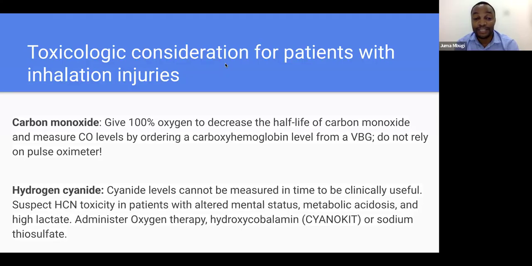Suspect toxicity with hydrogen cyanide if patients also have sedation and metabolic acidosis with high lactate levels. So as in carbon monoxide, also administer 100% oxygen. And if you have hydroxycobalamin, you can administer it. This is an antidote for hydrogen cyanide poisoning, or sodium thiosulfate if you have it.